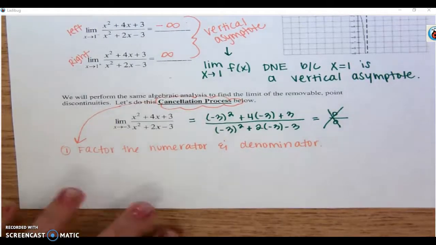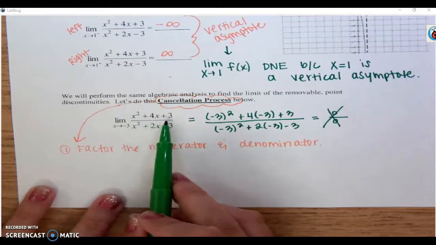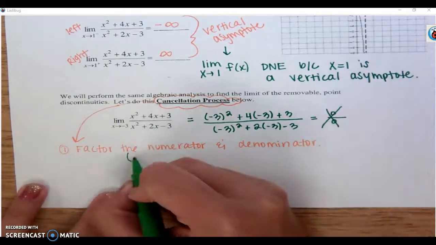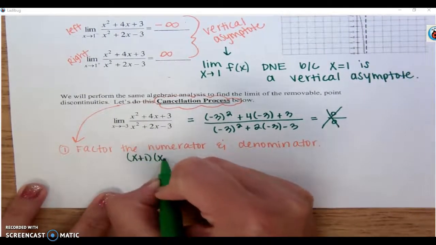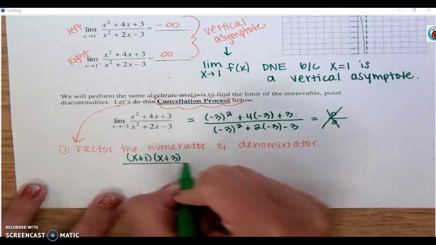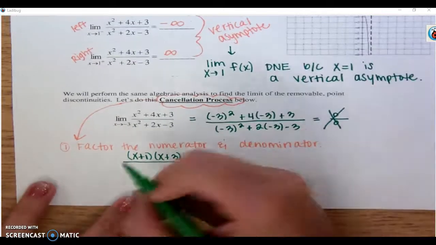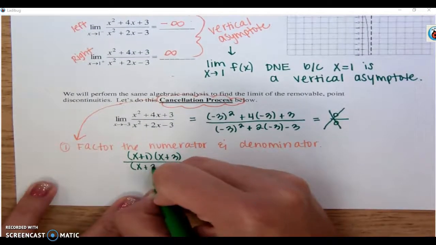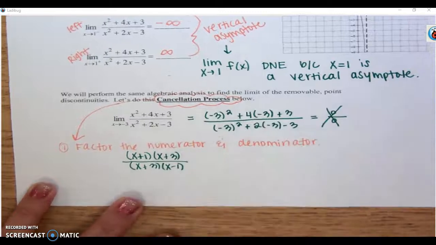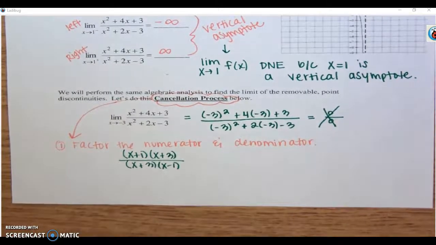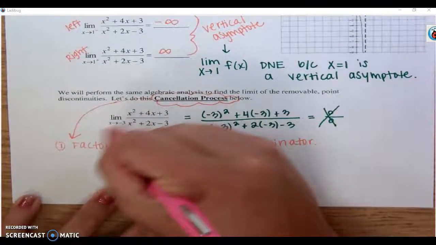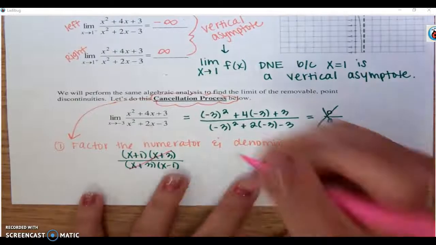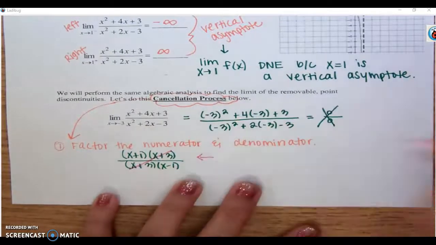If we factor x squared plus 4x plus 3, we can factor that into x plus 1 times x plus 3. And the denominator we can factor into x plus 3 and x minus 1. So we can cancel out x plus 3. If you remember from pre-calc, when you cancel something out, that means it's a hole.